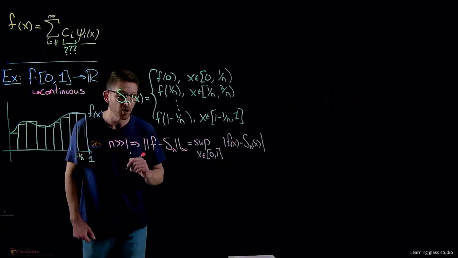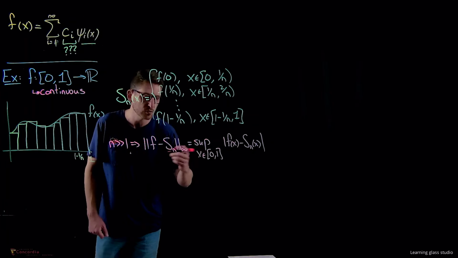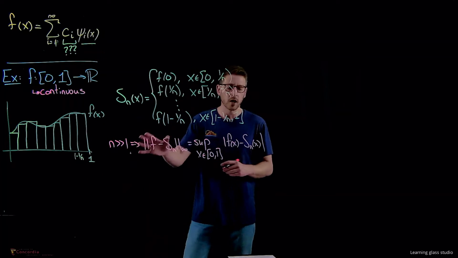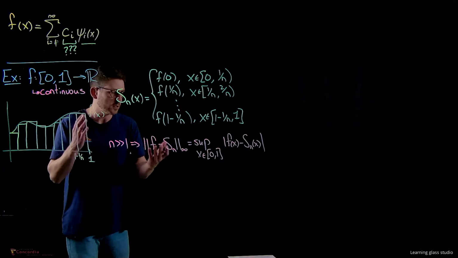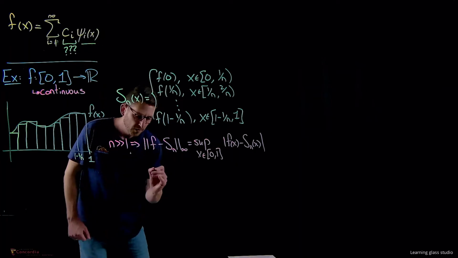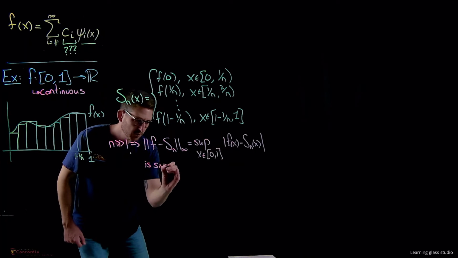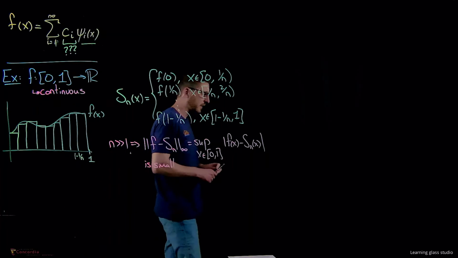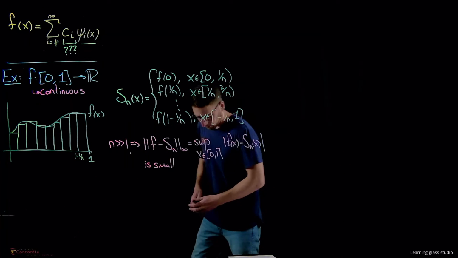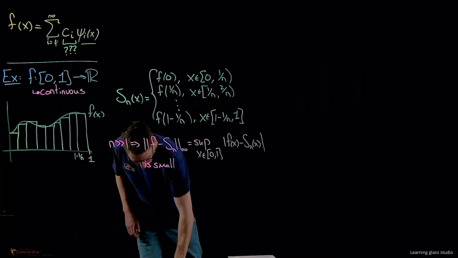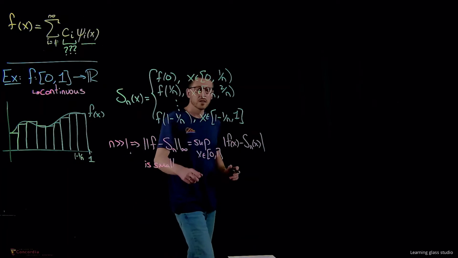It can be made as small as I want. So, you can do this with epsilon deltas. For all epsilon greater than 0, there exists a capital N large enough so that when n is larger than capital N, this thing is small. Here's me doing this in a hand-wavy fashion, right? So I'm doing it informally, but that's okay, right? This is just a video for you to understand the basics.